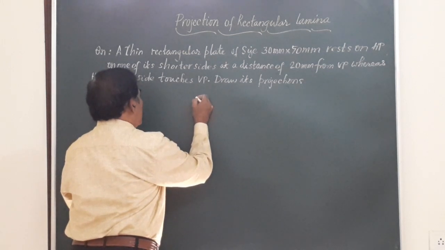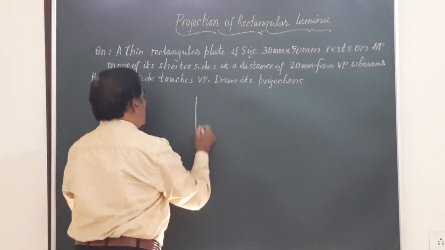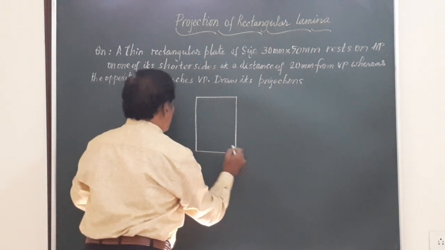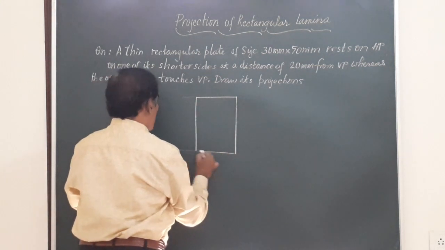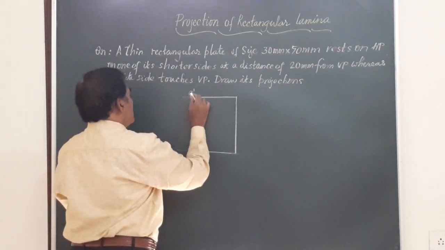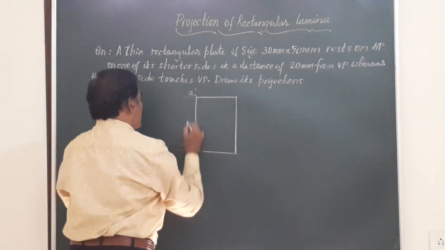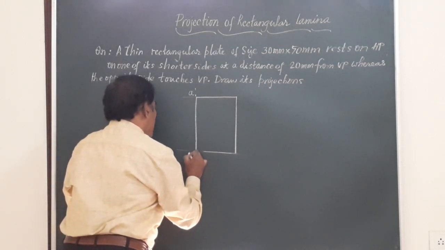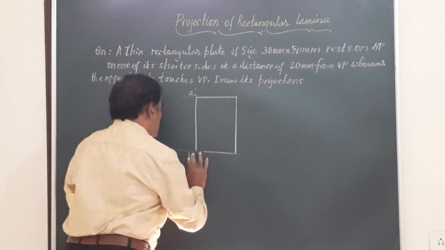So, I am going to start with this front view, a rectangle having dimension 30 mm by 50 mm. I will just mark here, this is A dash, or you can say A1 dash to start with, and this is B1 dash, B dash, C dash.